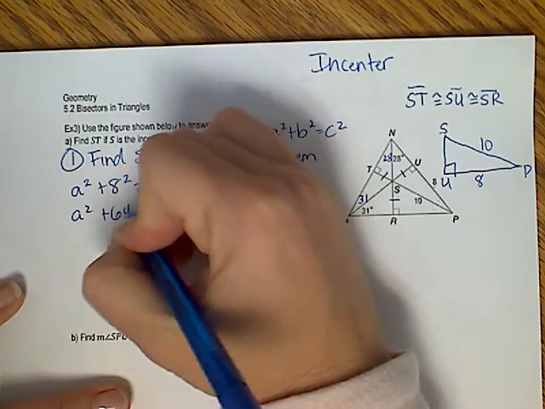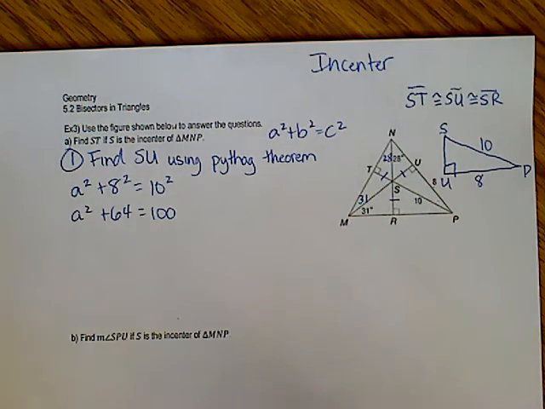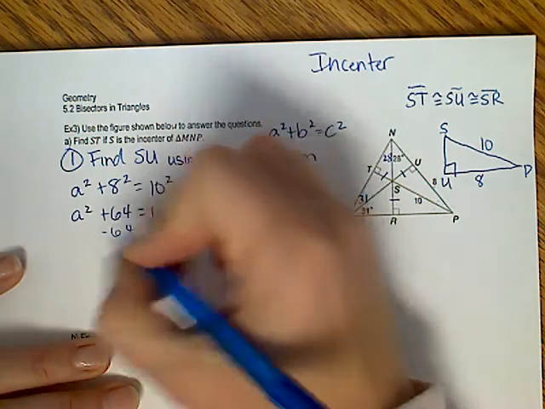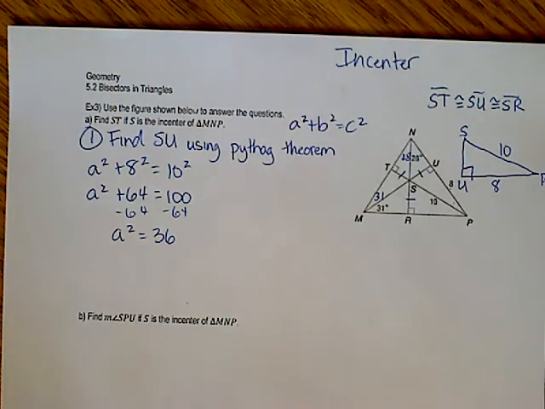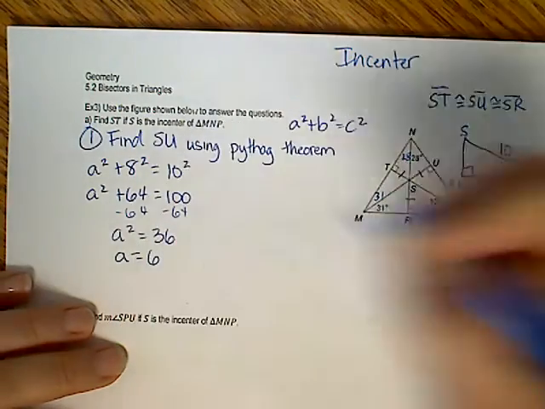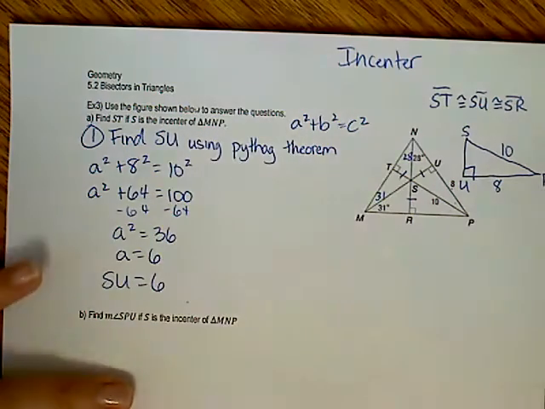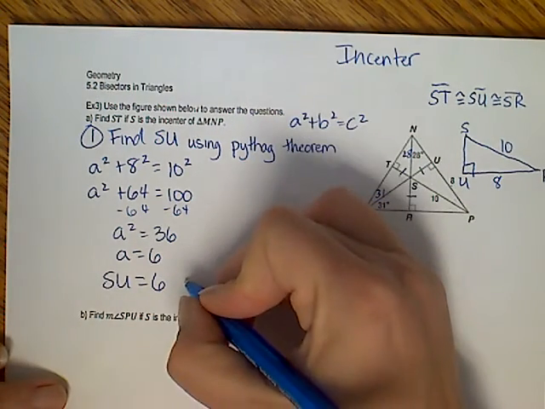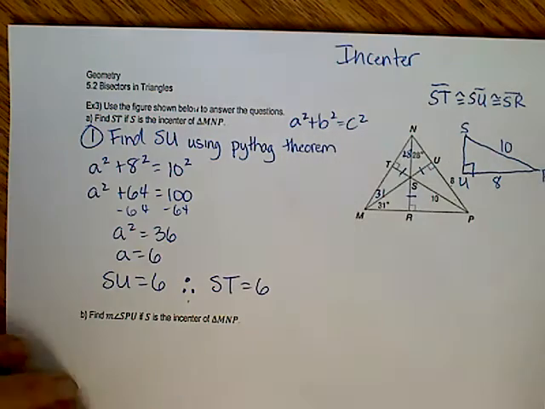A squared plus 64 equals 100. Minus 64, A squared equals 36. So A equals 6. That means that SU equals 6, and that means that ST equals 6. Therefore, ST equals 6.